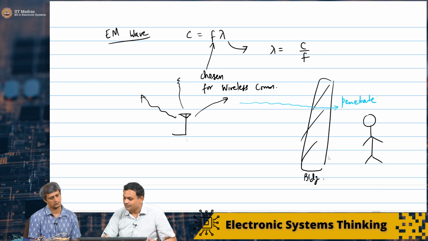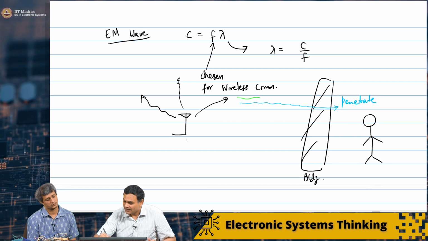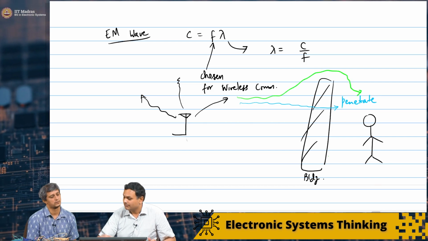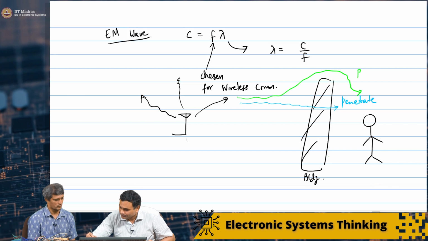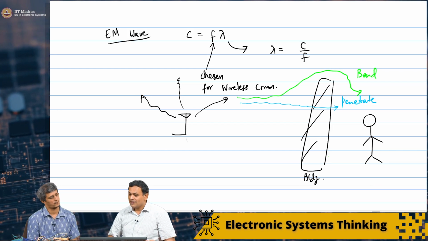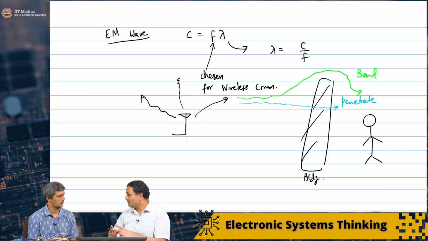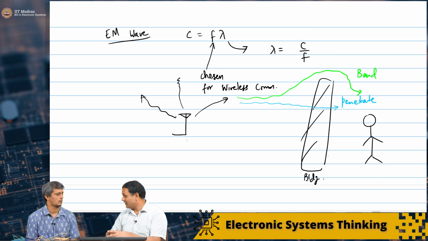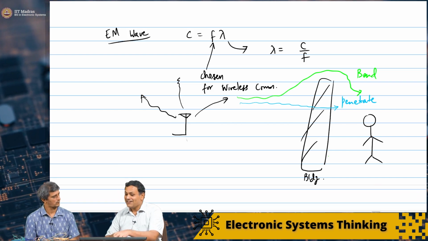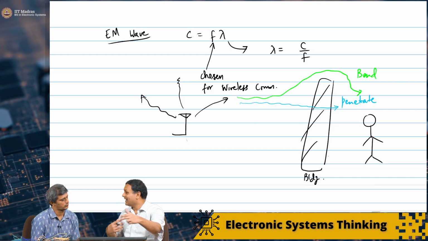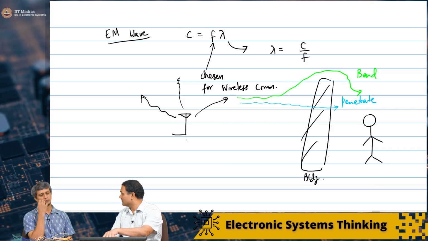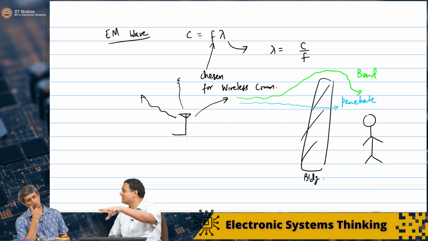And the amazing thing is, because it's a wave, it is also able to bend, which is based on diffraction. If the frequency is low, the wave nature is very prominent because the wavelength is very large compared to the dimensions. It is able to penetrate as well as go around.